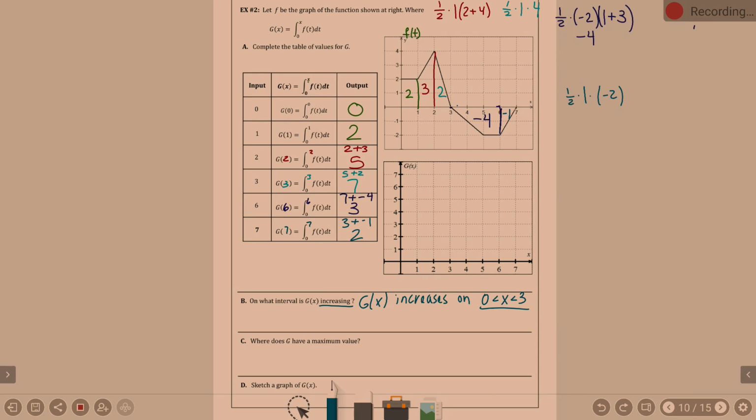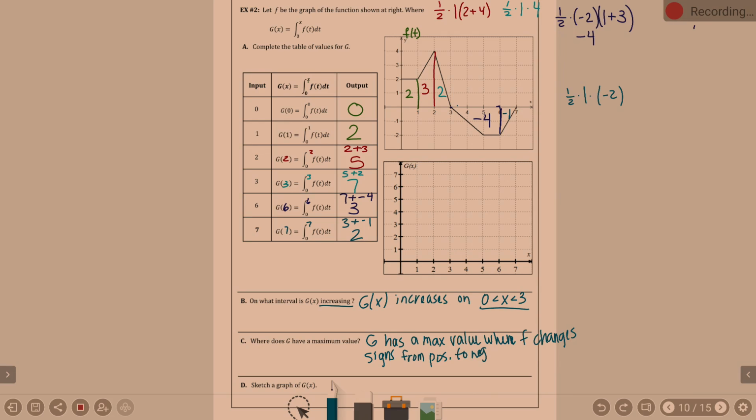Trying to think, how do I... I wrote down that G has a max value where F changes signs from positive to negative.